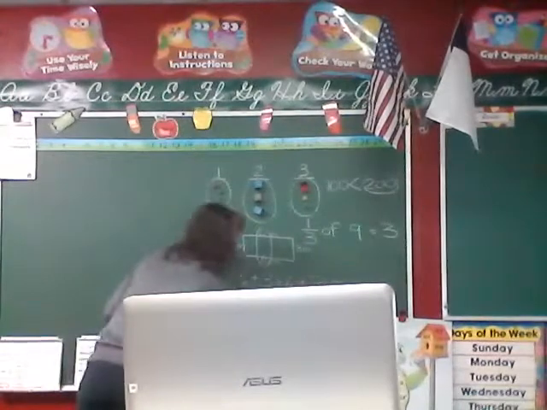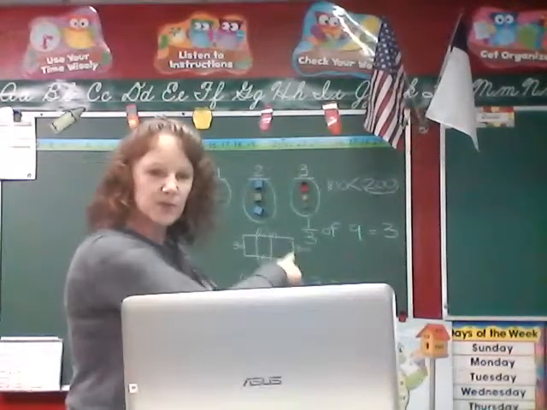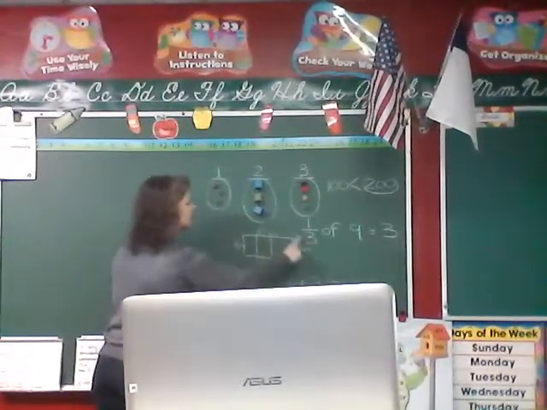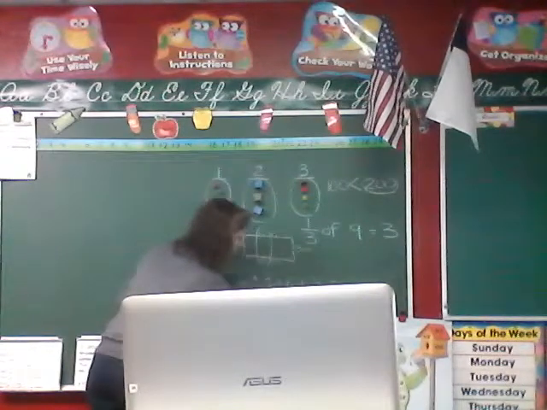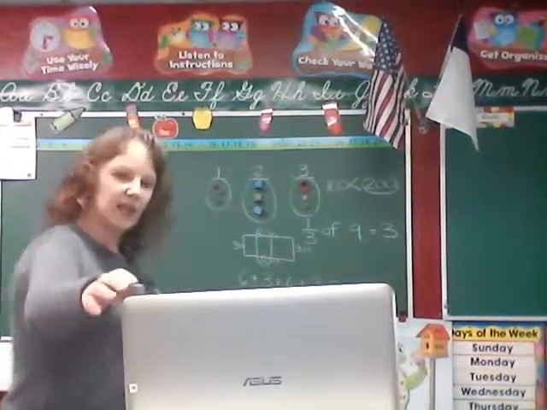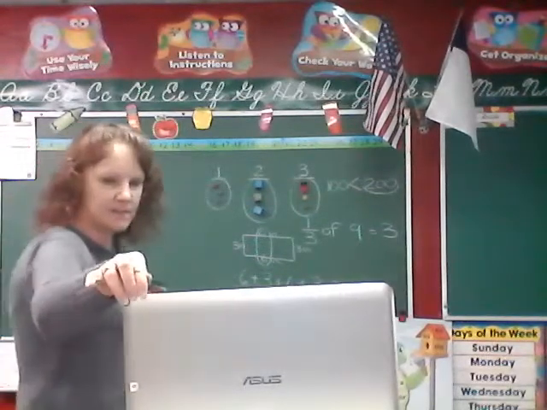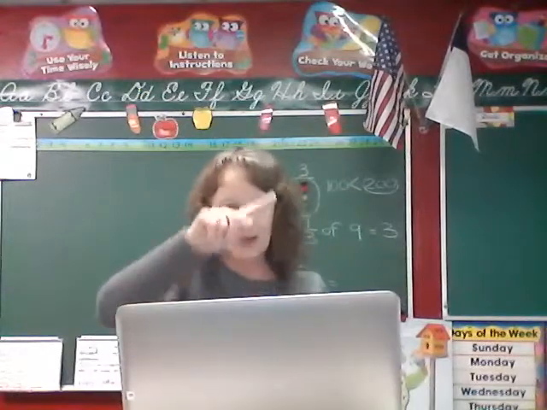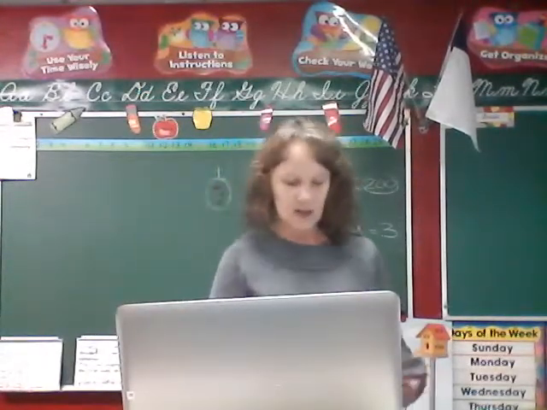Right, 2 plus 6 equals 8, and 1 plus nothing equals 1. So the perimeter of this rectangle is 18 inches. Okay? So perimeter, you just add together all the measures for all the sides.